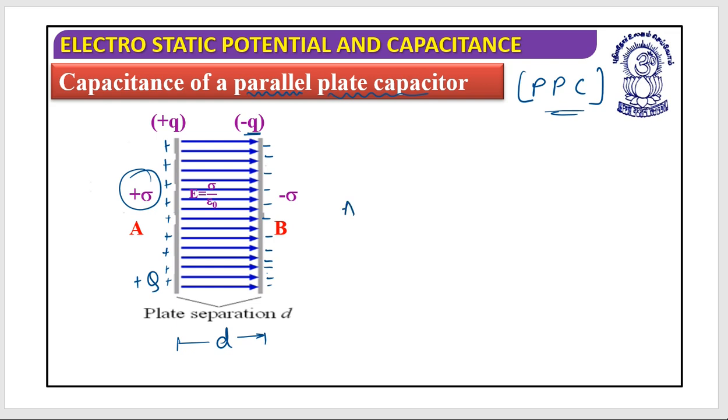The cross sectional area of each plate is A. Now I want to find out the capacitance of a parallel plate capacitor.